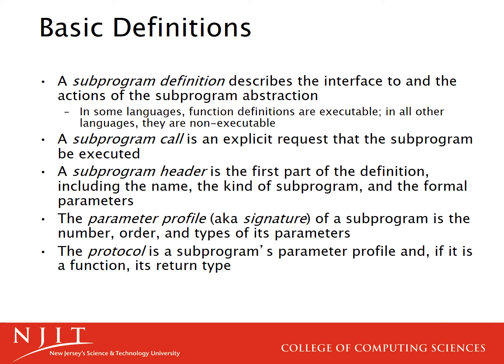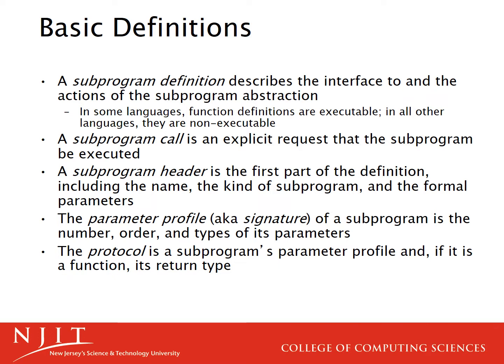When you define a subprogram, you define the interface to the subprogram, that is to say, its name and everything that goes into it and everything that comes out of it, and the actual body of the subprogram itself, the actual code that gets executed when the subprogram gets invoked.